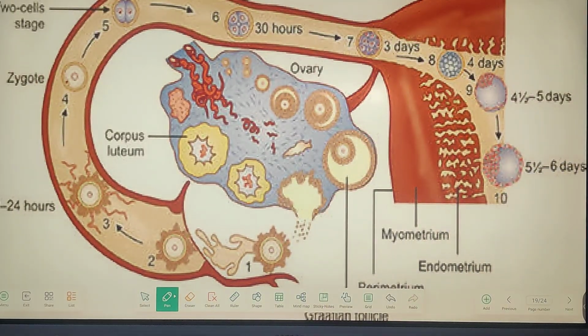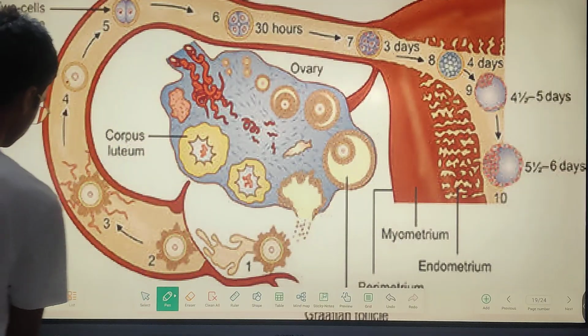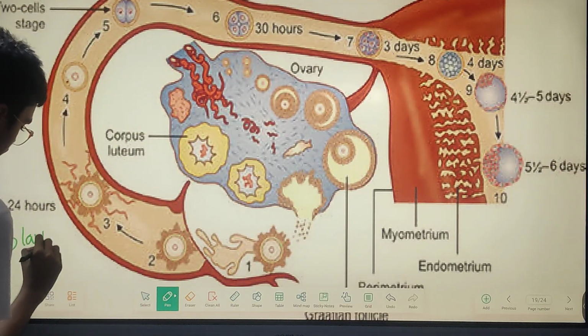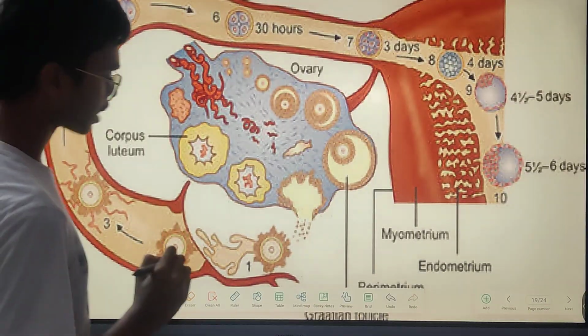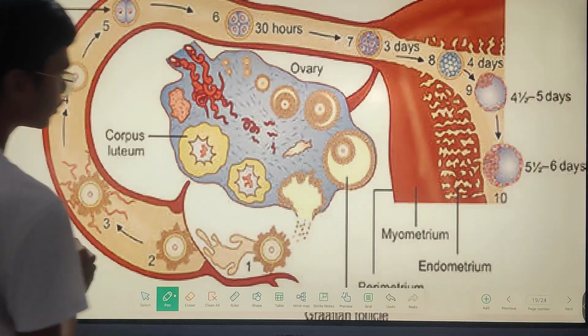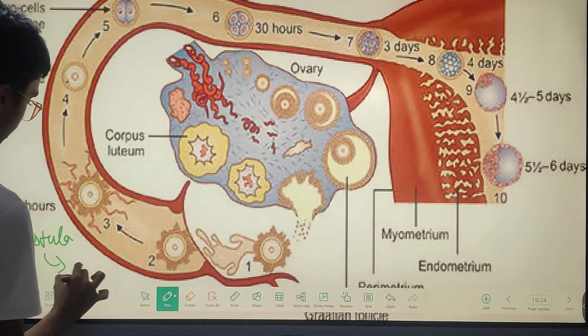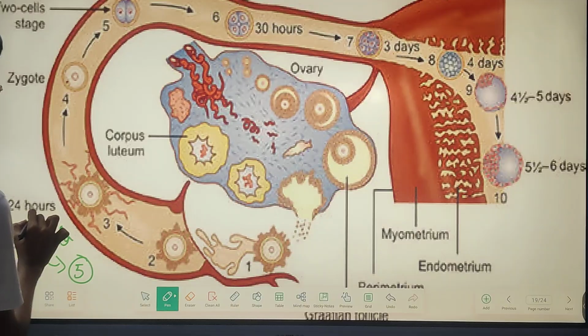Here it is in the blastocyst. The blastula will be formed around the 4th to 5th day; it's all approximate data only.